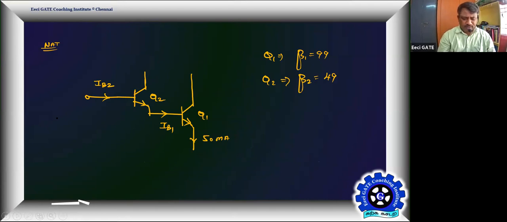We need to find the current in the base of transistor Q2. I don't remember exactly what is given on this side, but assuming transistors Q1 and Q2 are active, you need to find the current IB2 in microamps.